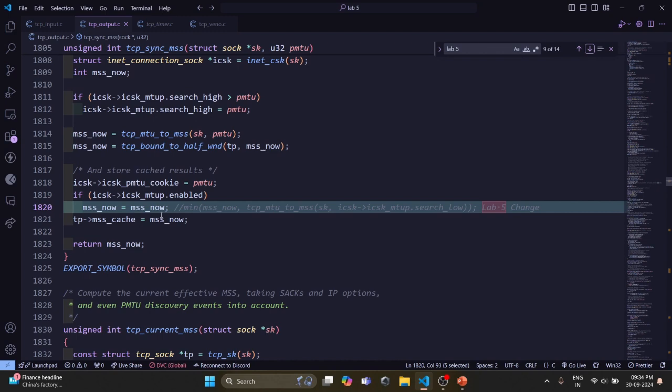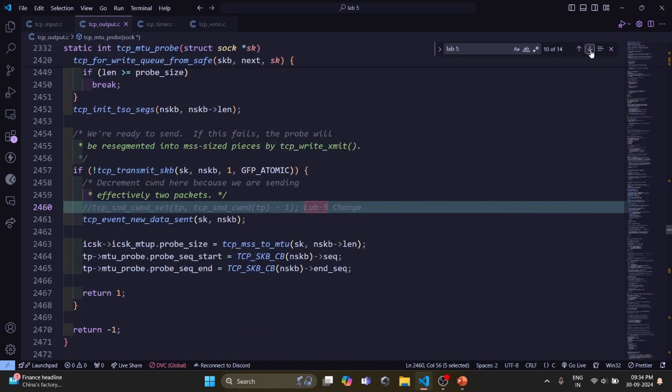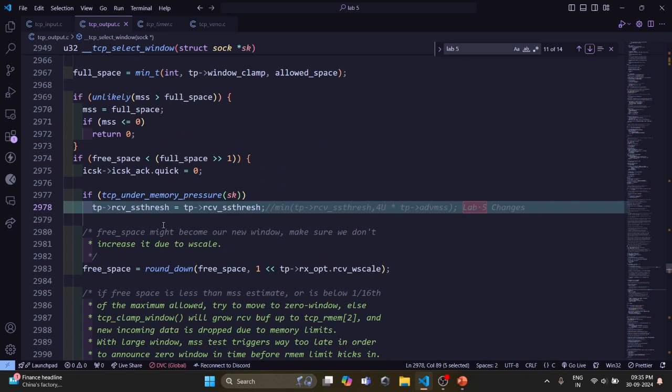Now instead of getting the minimum value, we'll directly assign it the value which is already there. Again, this is the other change. Again here, instead of getting the minimum value between these two, we directly send the RCV SS thresh.